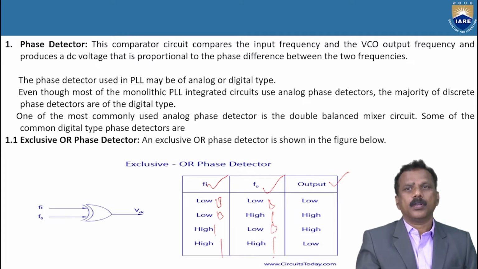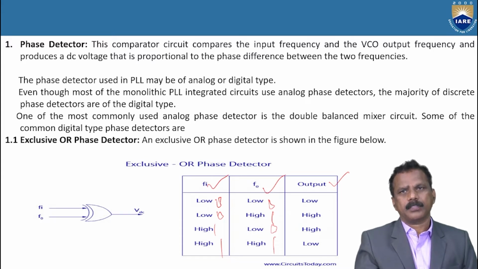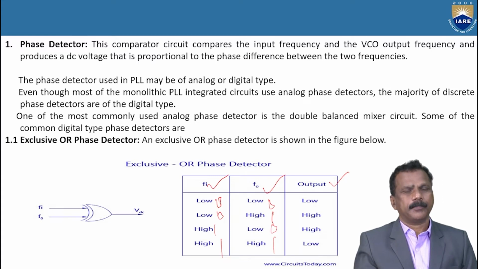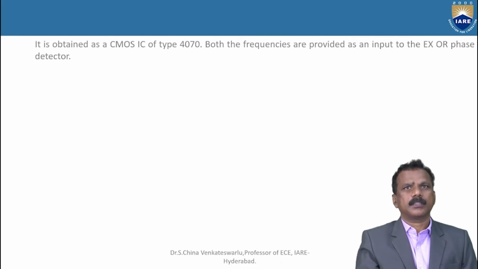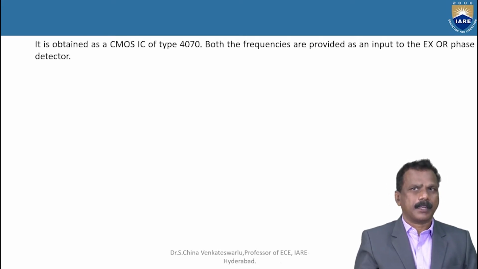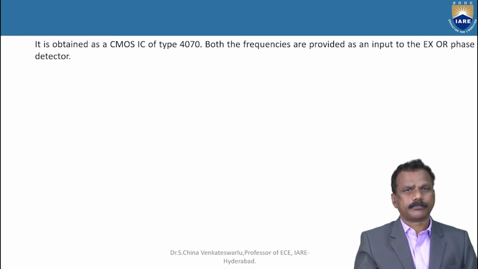If Fi is low and F0 is low, the output is low. If Fi is low and F0 is high, the output is high. If Fi is high and F0 is high, the output is low. Like this, it is obtained as a CMOS IC of type 4070.